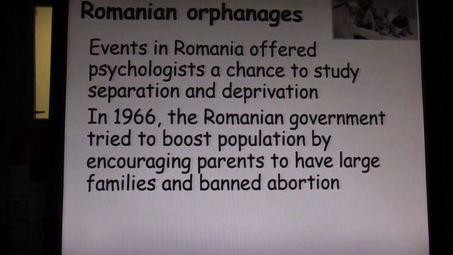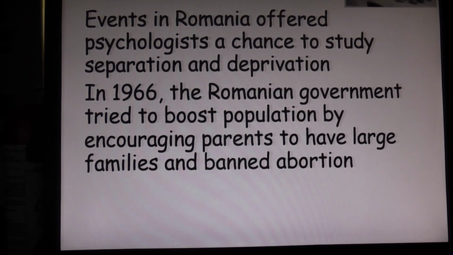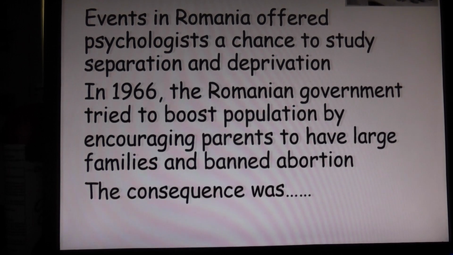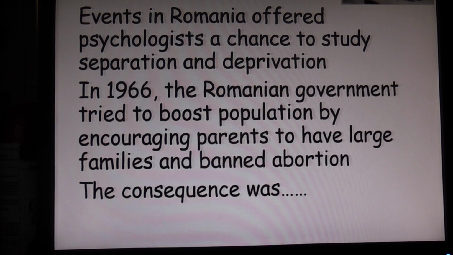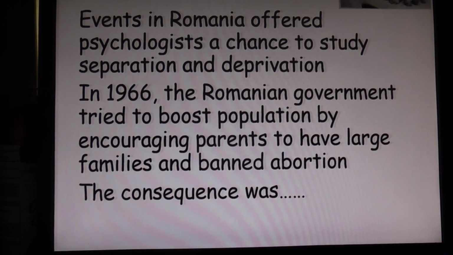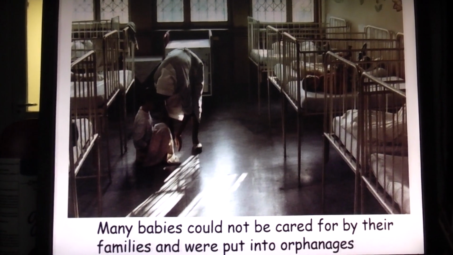What happened was that the population figures increased dramatically, and it led to some very distressing consequences, and these consequences were that children were left in orphanages for years and years and years.